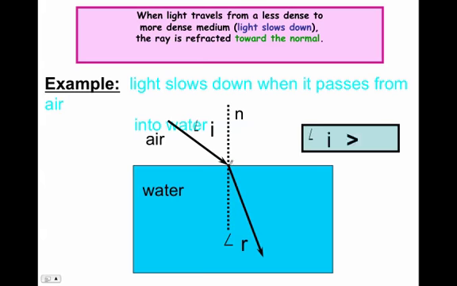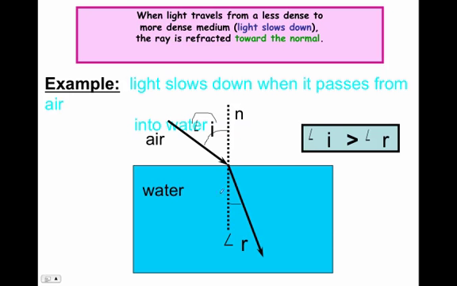As it hits water, cha-ching, it bends towards the normal line. Now don't forget, here's our normal line right here. This angle from the normal line to the ray of light we call the angle of incidence, and this now is called the angle of refraction, not reflection.